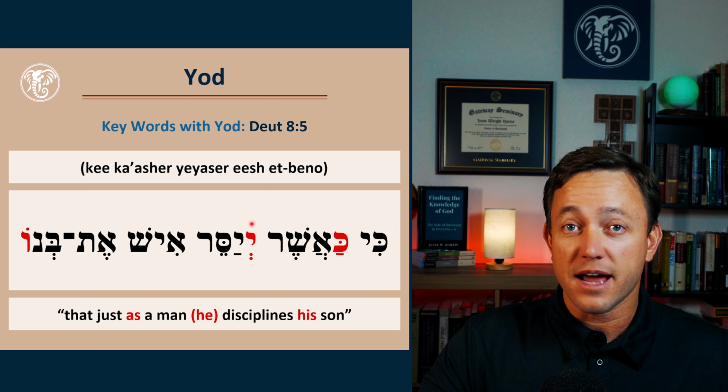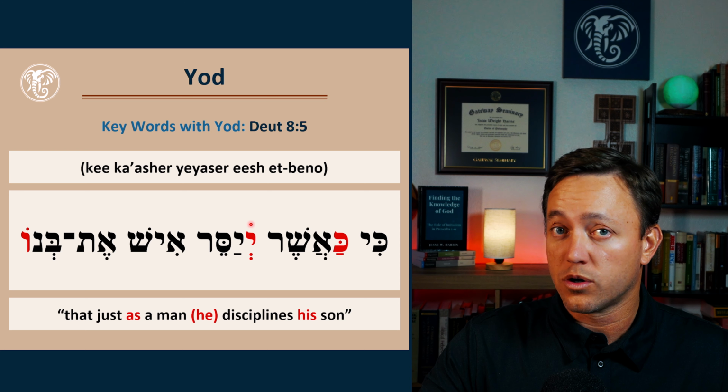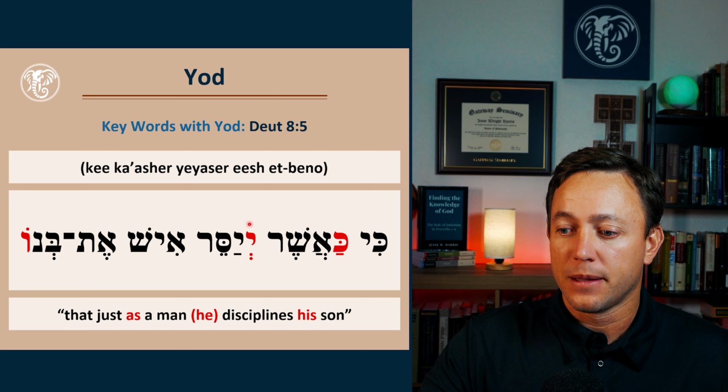And this yod added to the front, again, we'll talk about this more in grammar later on, but this is this sense of "he." So, he will. And it gives us a kind of generic word here, ish, and we've seen this before, but it's kind of just a generic word meaning a man, okay?